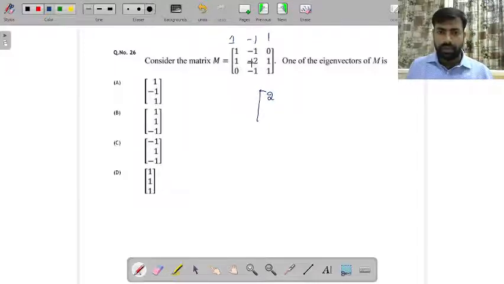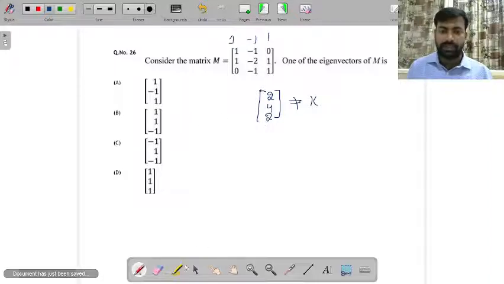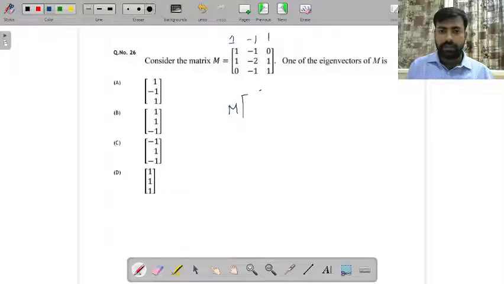Next 1 plus 2 plus 1, you'll get 4. Next 0, 1, 1, 2. And you can see that this is not a constant multiple of this vector, I mean k times 1, negative 1, 1. This gives us 2, 4, 2.